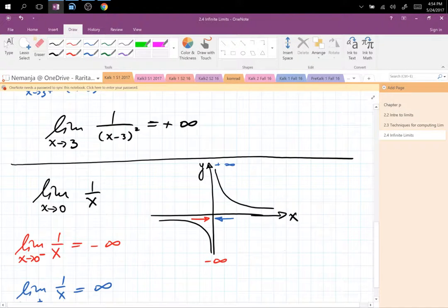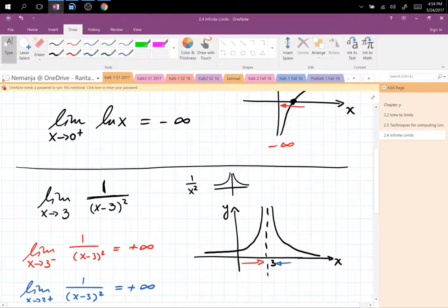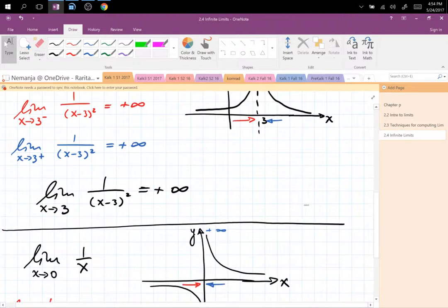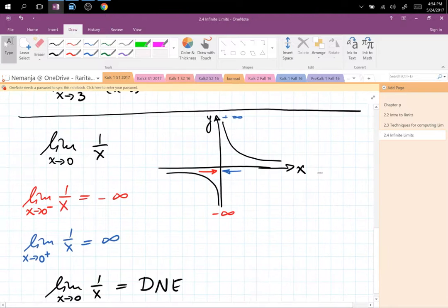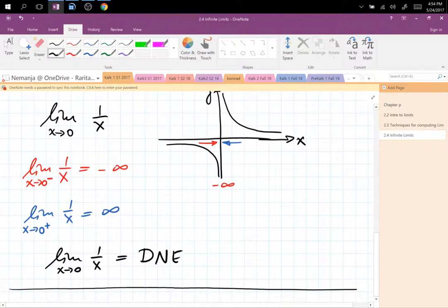So if you look at the previous example, they match, therefore the overall limit is that value. This one was actually only a one-sided limit. I only looked for the limit from the right because there is no function to the left of 0. So you can't look for the approach from the left. So one-sided limits or two-sided limits, we have the theorem to deal with those. Infinite limits provide you with this does not exist on the end.